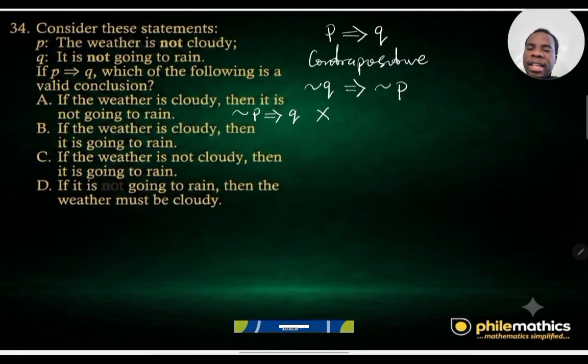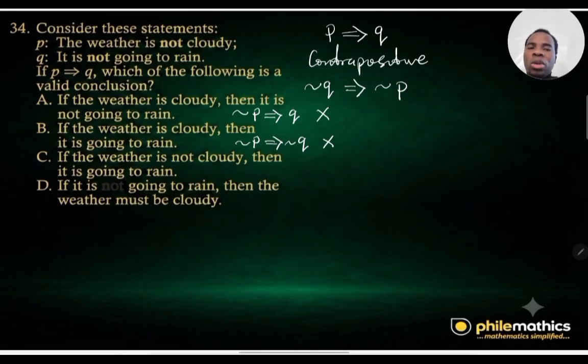If the weather is cloudy, then it's going to rain. This is negation P, then it's going to rain. Remember, Q is it is not going to rain, so this will be negation Q.